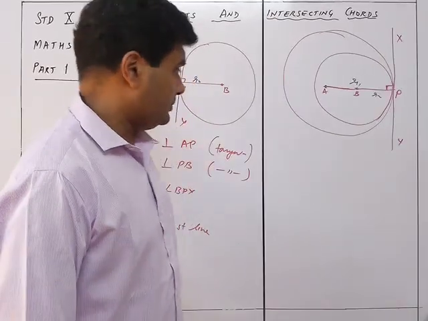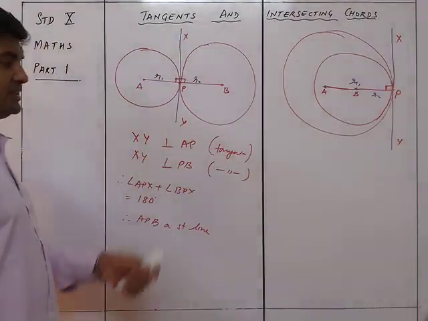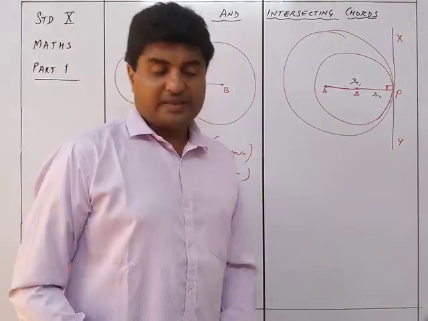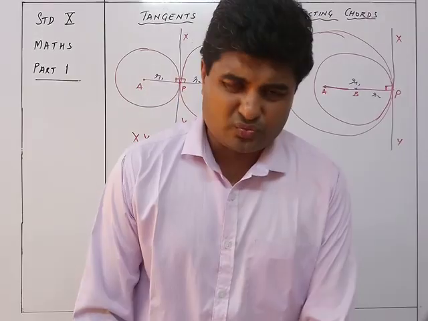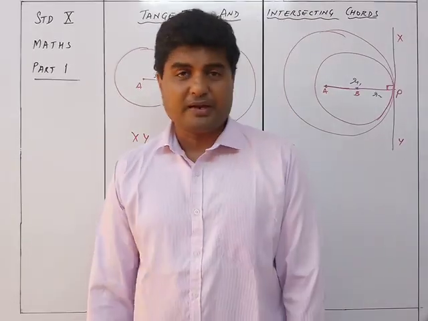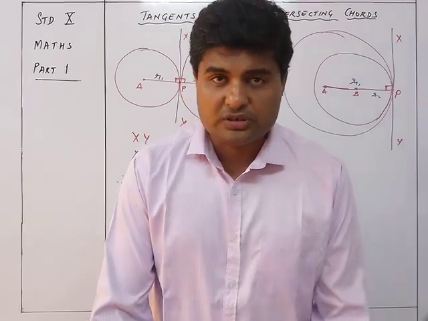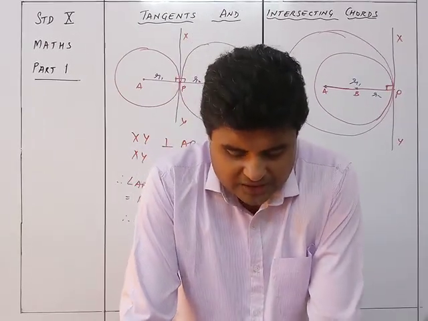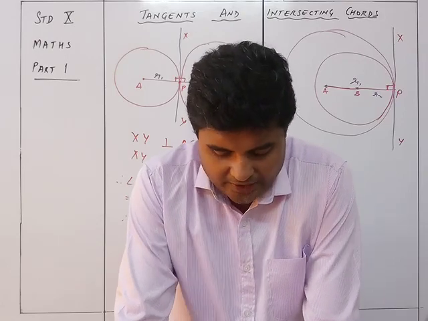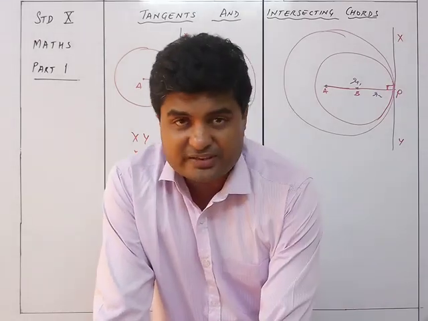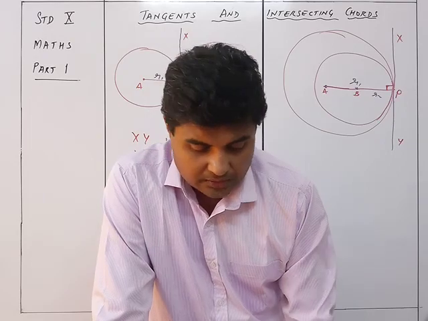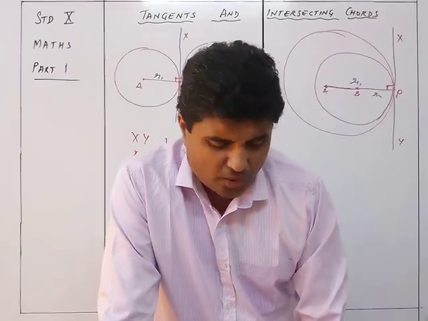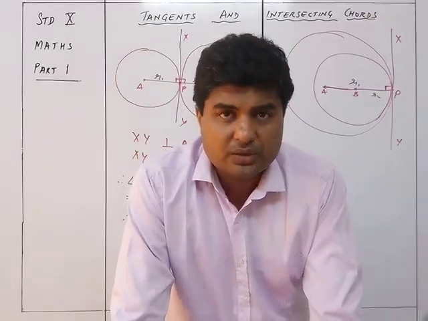So this is how we are going to prove the thing, but of course this proof is also very silly. Normally up till now they have never asked in boards to prove this particular theorem number 11, that is, if two circles touch each other, the point of contact lies in a straight line through the centers. So this is just a theorem, but normally you are not going to use the proof over here.